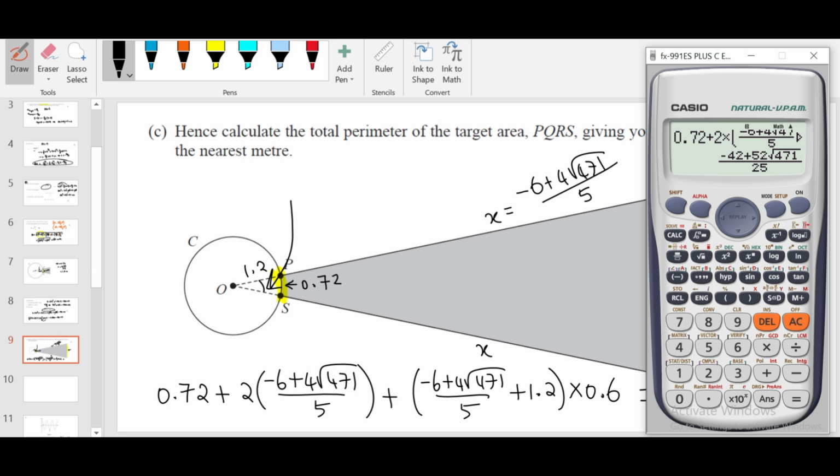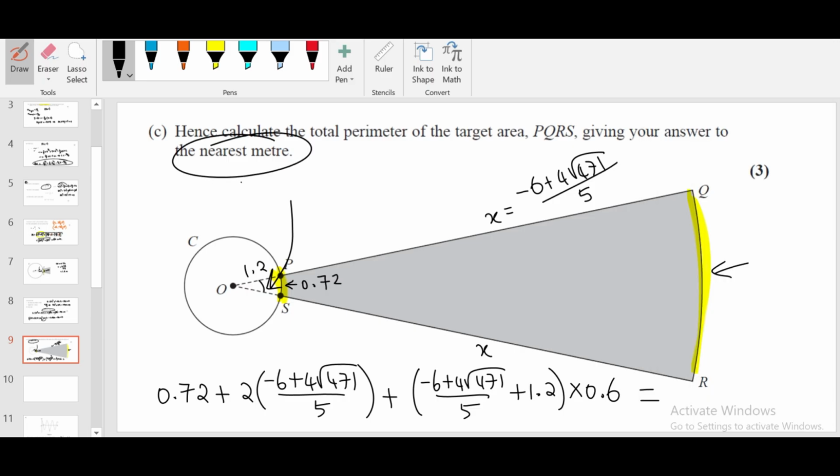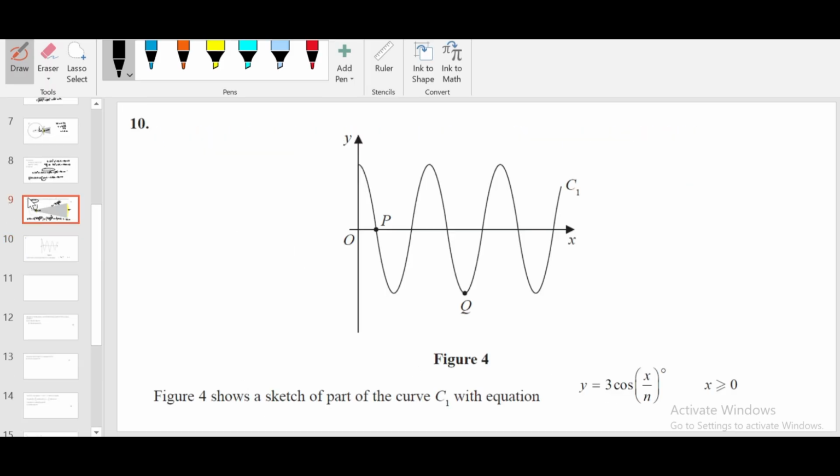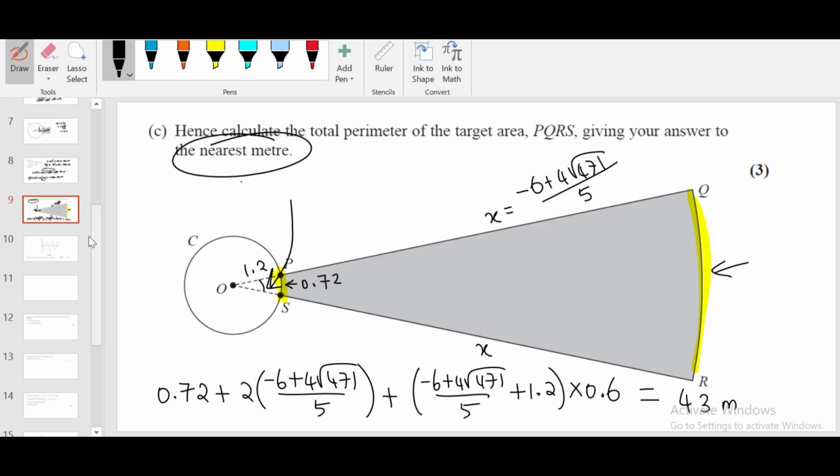Okay, I'm gonna change it to a decimal number, 43 point something. They want the answer to the nearest meter, so it's 43 meters. That's the answer. So we are done with question number 9.